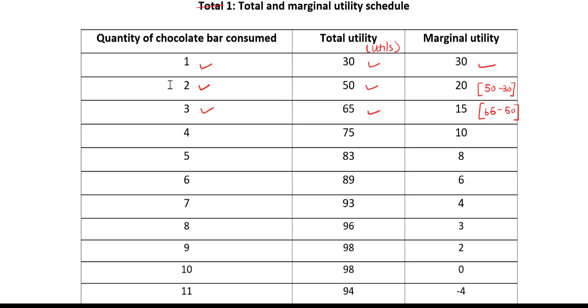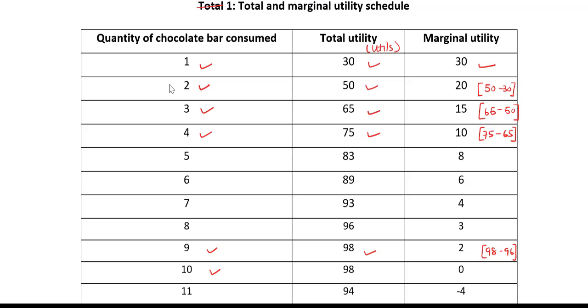When the consumer has consumed the fourth unit of chocolate, the total utility is 75. That means 75 minus 65, the marginal utility is 10, and so on. As you can see, on the ninth unit of consumption, the total utility is 98. That means 98 minus 96, so the marginal utility is 2 utils.